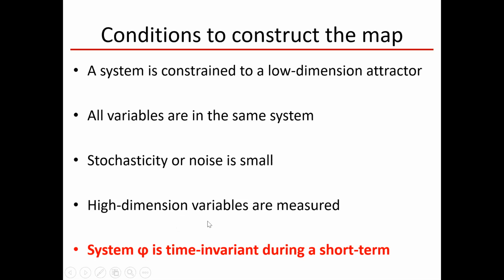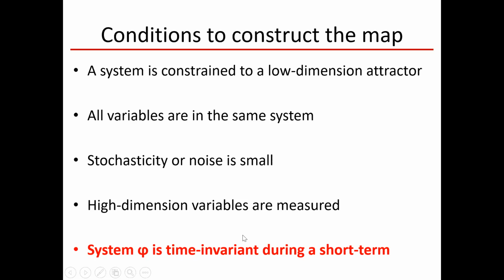Only recent data has predictive power for tomorrow. So we can only use very short recent data for prediction. That's why for many systems we can only use short-term data, because they are time varying. Biological systems are also highly time varying.